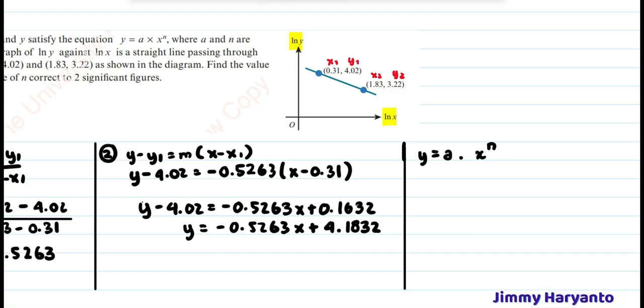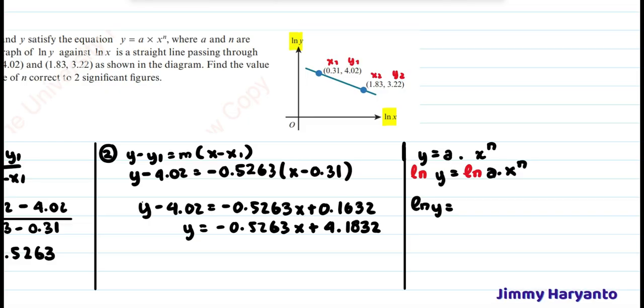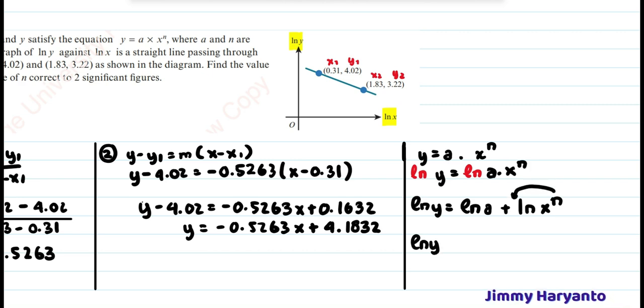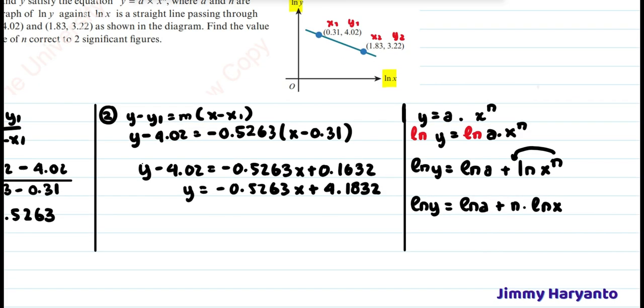So I will add ln to the right hand side and ln to the left hand side like this: ln of a times x to the power of n, and then I can use the product rule. I will have ln a plus ln x to the power of n, and then I will move the n to the front, so ln y equals ln a plus n times ln x.